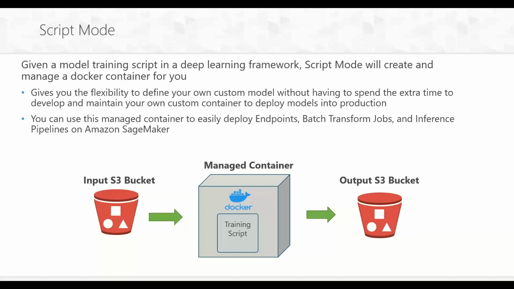But what we can do with script mode is we can focus on what we're good at, creating our own training scripts, but we can leave the inference part to SageMaker. So we can use all the features that SageMaker already has in its service, like endpoints, batch transform jobs, and inference pipelines with our own custom defined models.